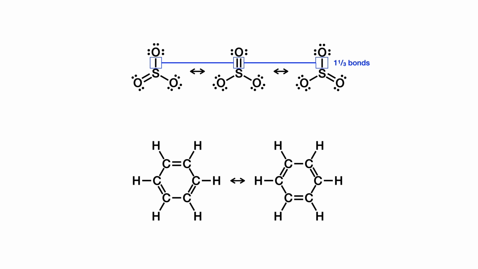It experiences resonance. There are 2 resonance forms for benzene, and each of the carbon-carbon bonds is described by an average of these 2 pictures. So for instance, if we look at these 2 carbon atoms here, in the resonance form on the left, they're represented by a single bond. In the form on the right, they're represented by a double bond. And so on average, that particular carbon-carbon bond has 1.5 bonds in between them.